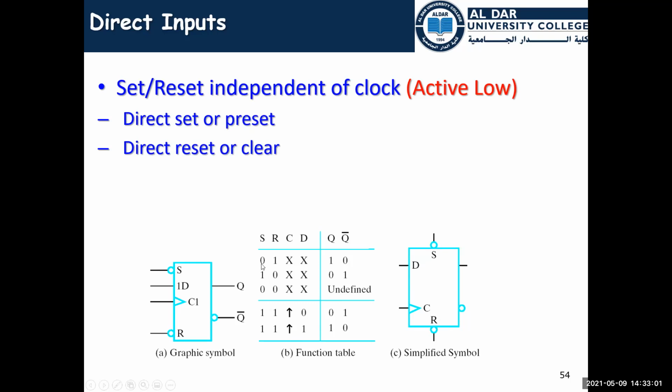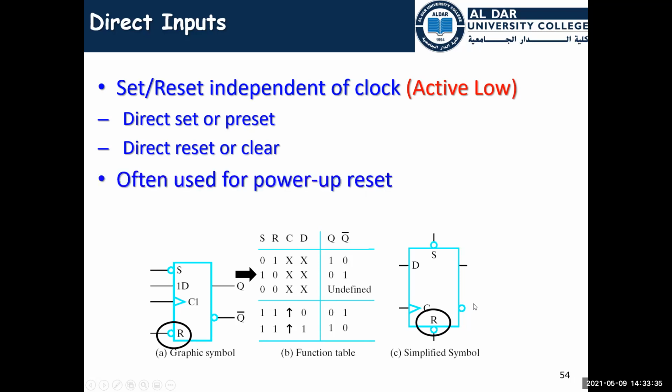So if you see the set here is active low, it is going to activate the flip-flop, because the output current value is 1 and the input is 0 since it is active low. And here the reset also means if the reset is 0, it is active, and it is going to reset to make the output 0 or to stop it.